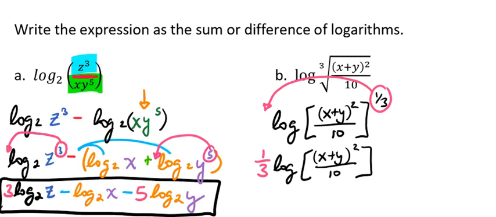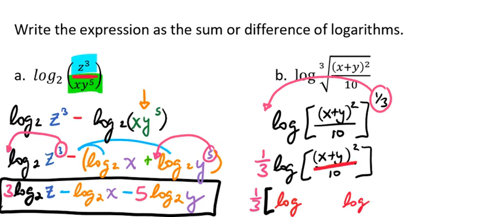Now from here, we want to deal with our division. So we have a top and we have a bottom. So we're going to require two common logs, so 2 logs. Let's do that in red. So we're going to have our 1/3, and that's going to times all of it. And we're going to have a log and a log.